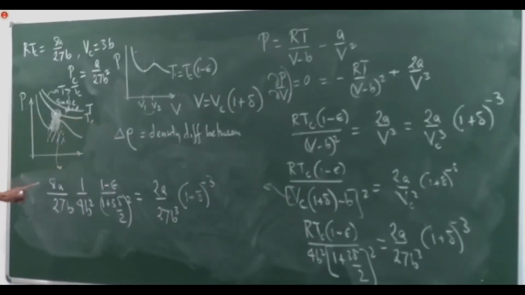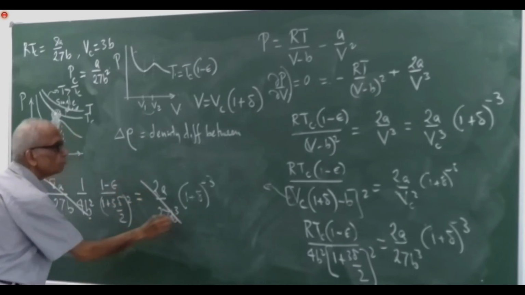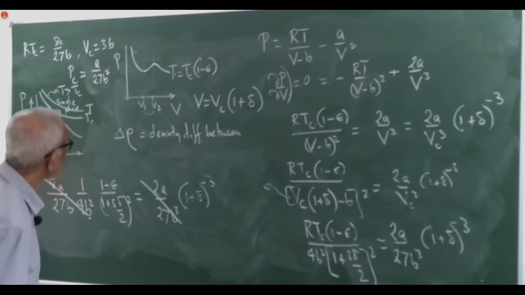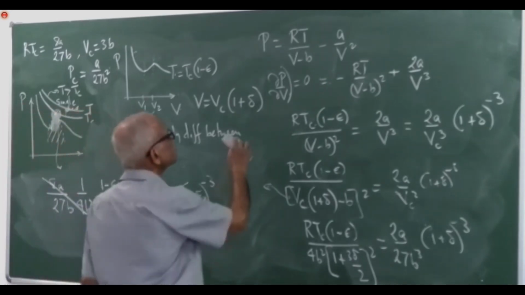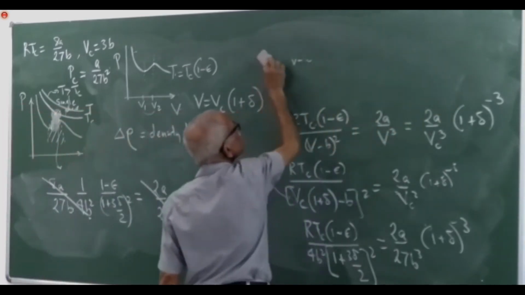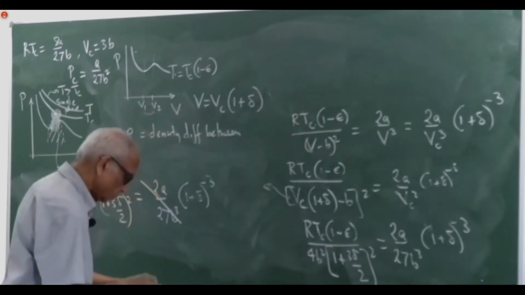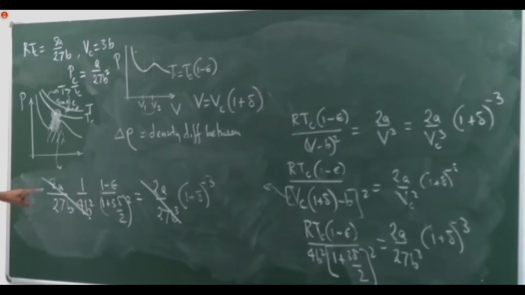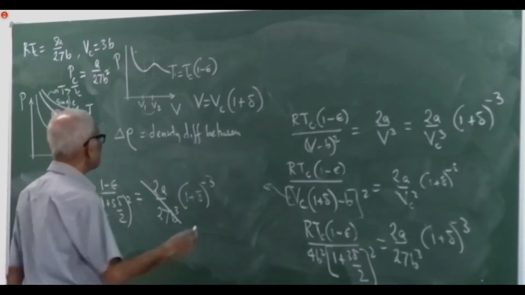So 2A over 27B cubed. So this 4 cancels with this. So it is 2A and 27B cubed. So this cancels with this over here.